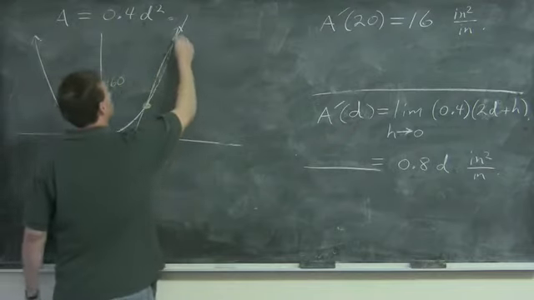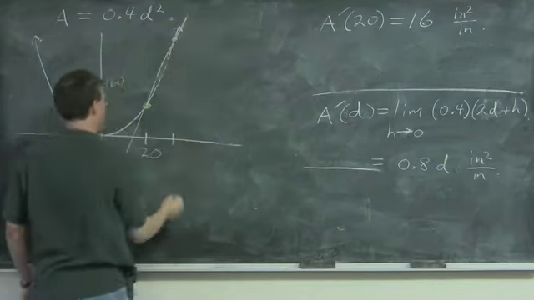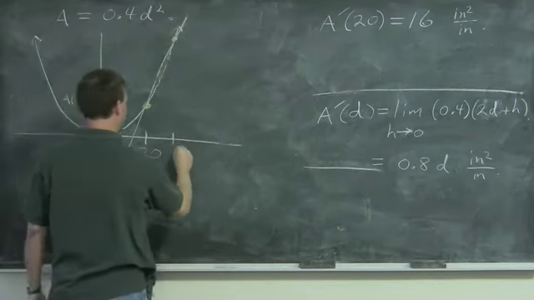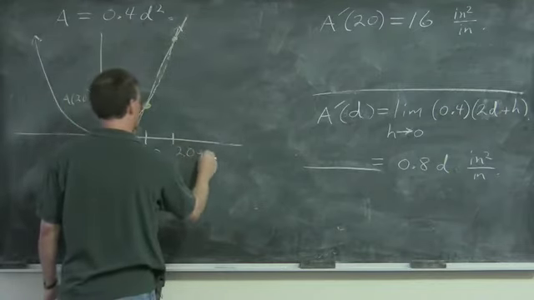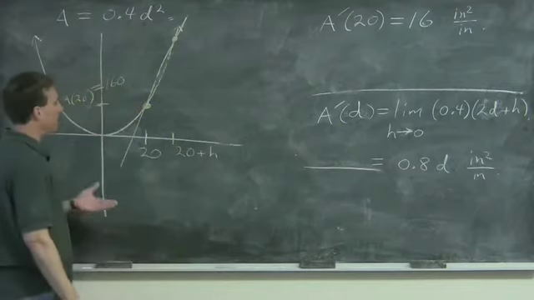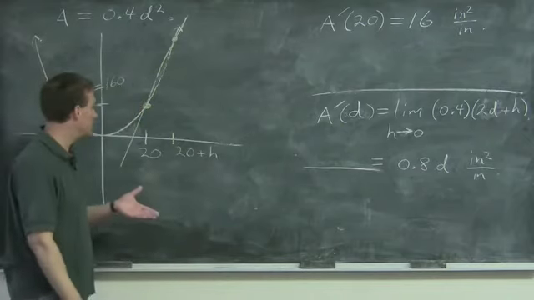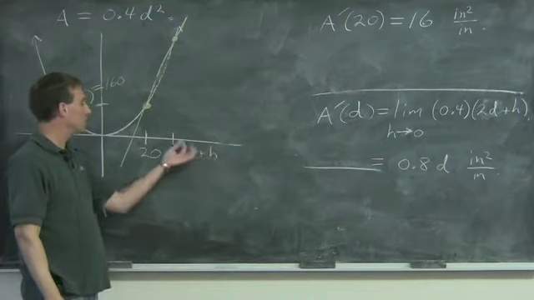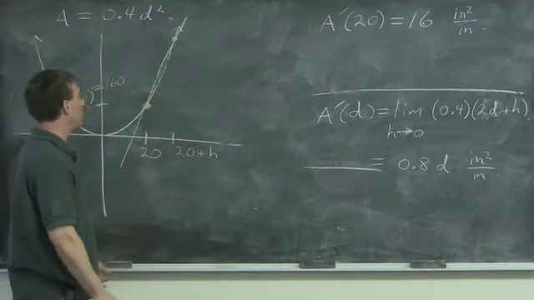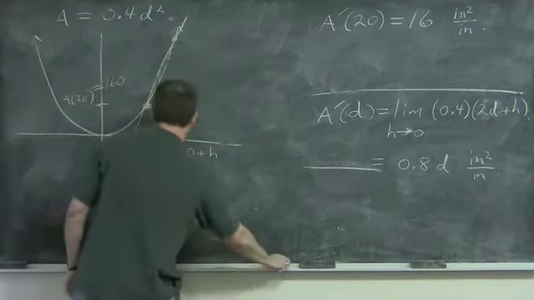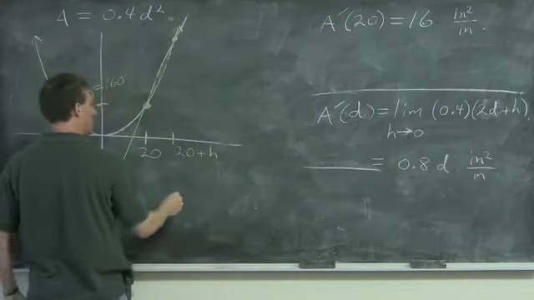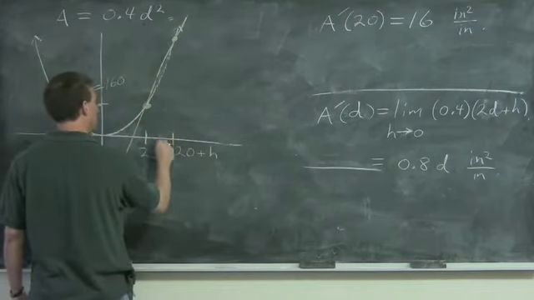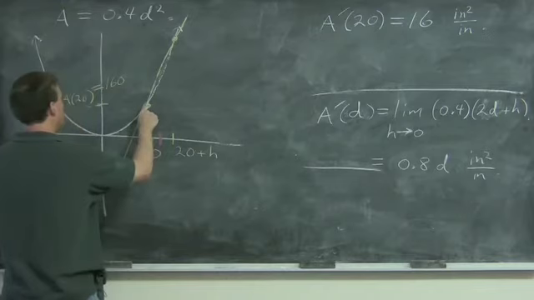Great. So here we are at 20 plus something, but call it 20 plus h, and think about what happens as h gets close to 0. So when h is smaller than the h I've got pictured here, you would be in here. This point would be fixed.